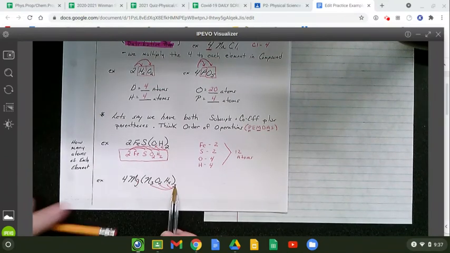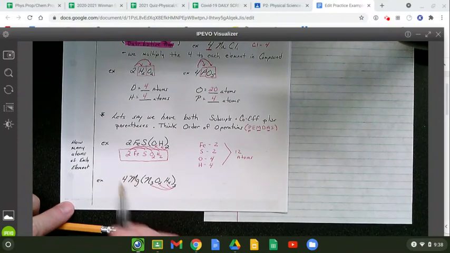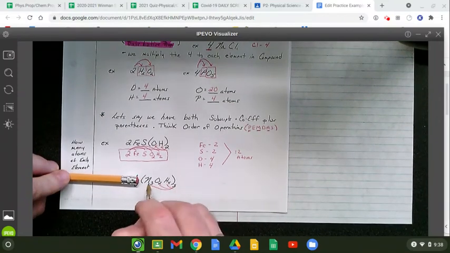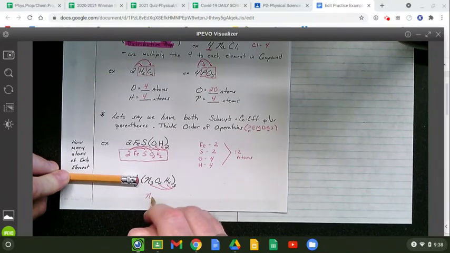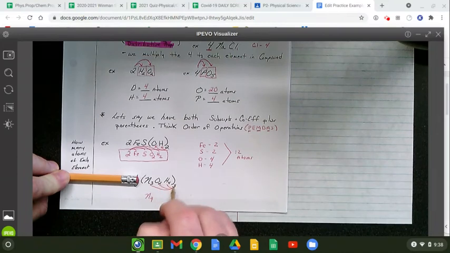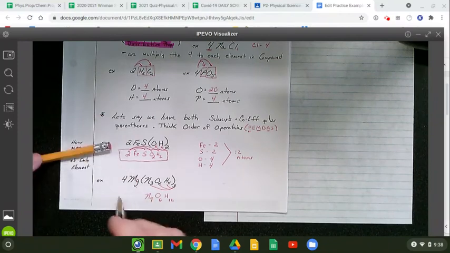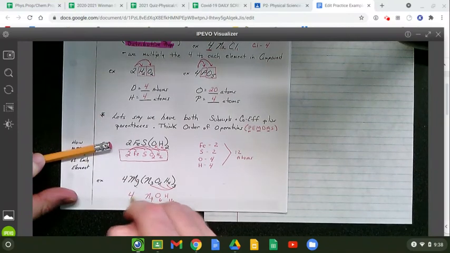This 3 does not apply to this. We'll deal with the 4 Mg later. So I have 3 times 3 nitrogen, which gives me 9 nitrogen. I have 2 times 3, which gives me 6 oxygen. And then 4 times 3 for the hydrogen gives me 12. I've eliminated the parentheses. Now let's bring everything else that's left.